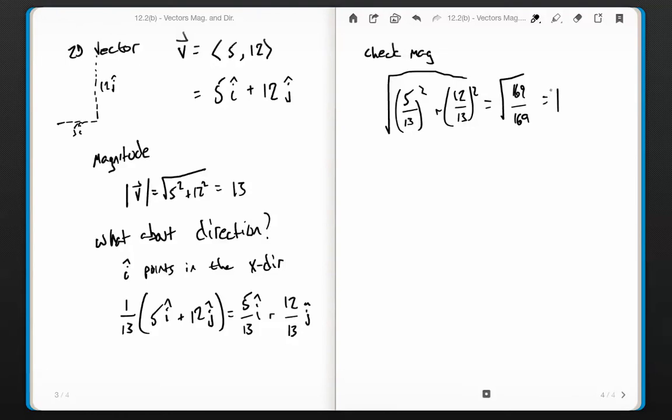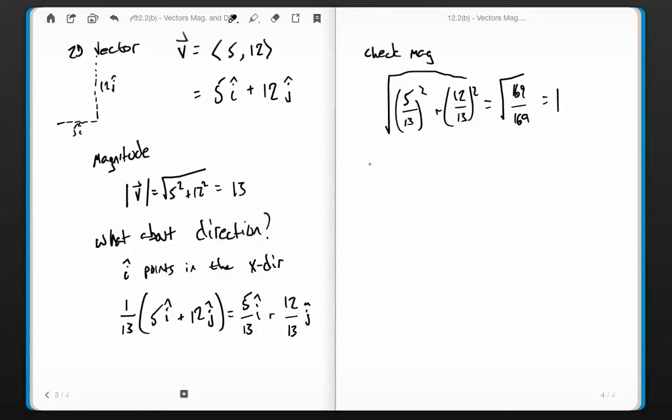So this thing here points in the same direction as the original vector, but we've scaled it down so it has a magnitude of only 1. Well, that's kind of nice. So the magnitude of this thing is 1.